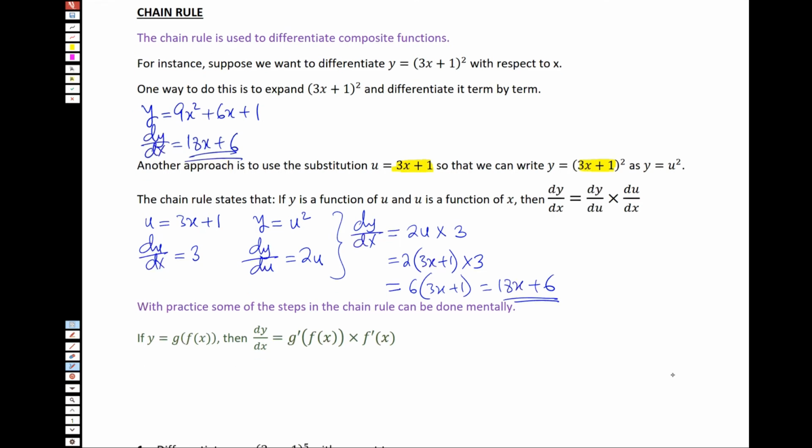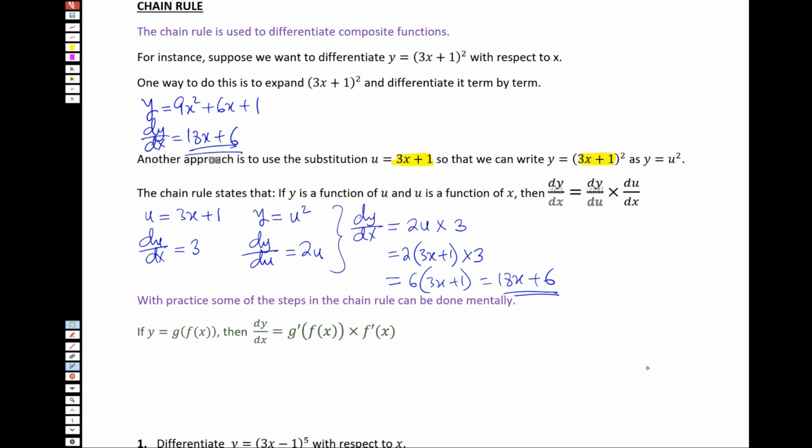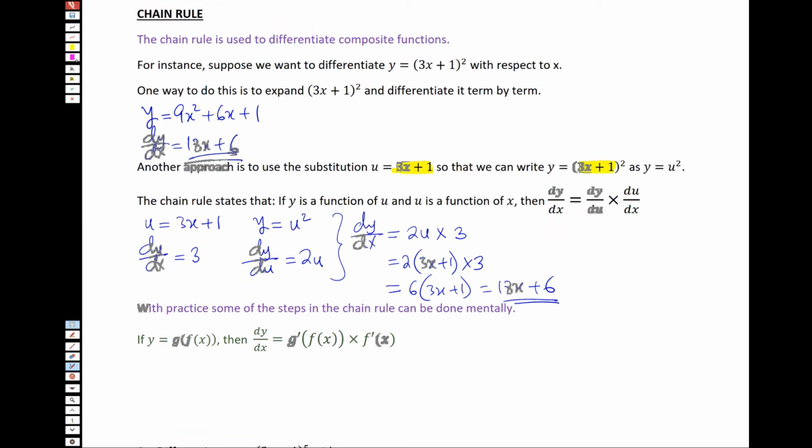Another way, which is very similar to the second approach, is by again working out chain rule mentally. Remember, we said that chain rule is used to differentiate composite functions. So a composite function is a function where you have one function inside another function.